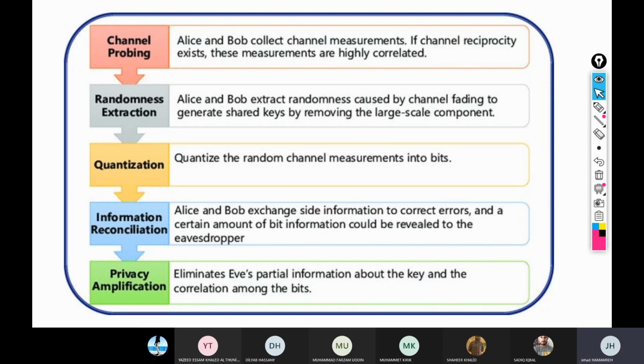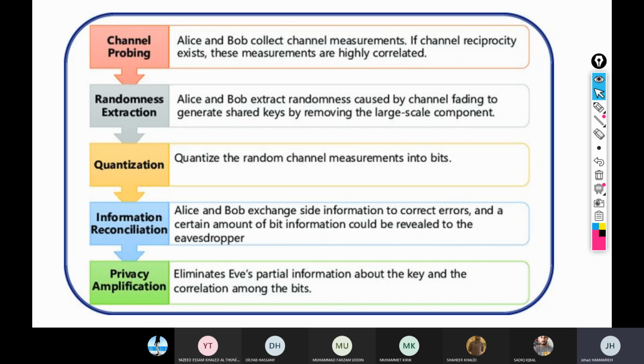This process, we call it information reconciliation, and sometimes, due to the messages being exchanged between Alice and Bob, Eve can get some information about the bits. Now, to improve the security, considering the fact that Eve can get some information about the bits, we have a final step called privacy amplification.